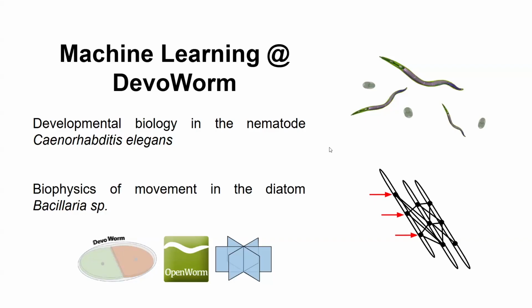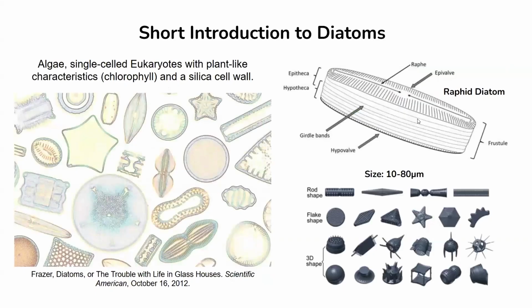So we're looking in the nematode C. elegans, specifically at the developmental biology, and in Bacillaria, which is this diatom, at the biophysics of its movement. So we can answer specific questions about these systems. We have the data available. And so that makes them amenable to doing these machine learning types of analyses.